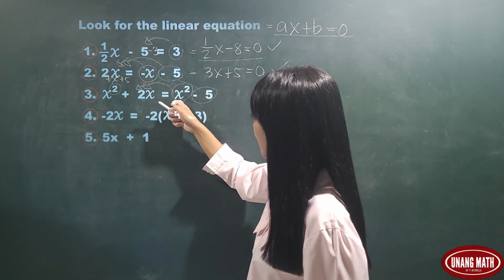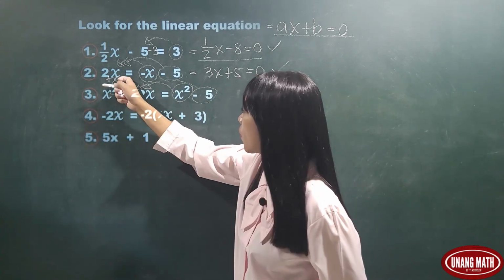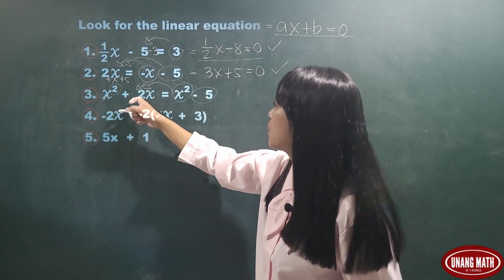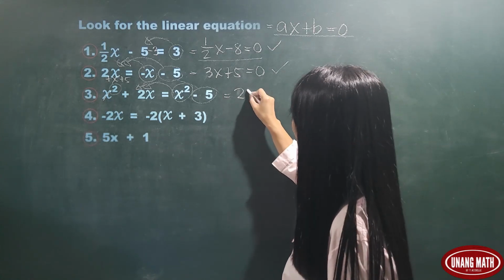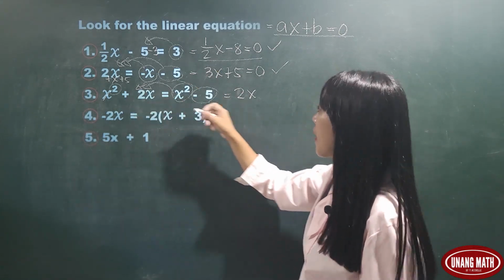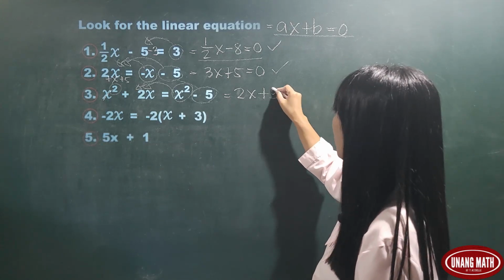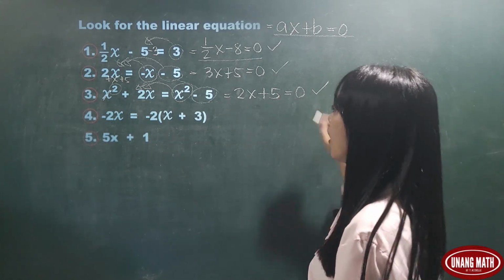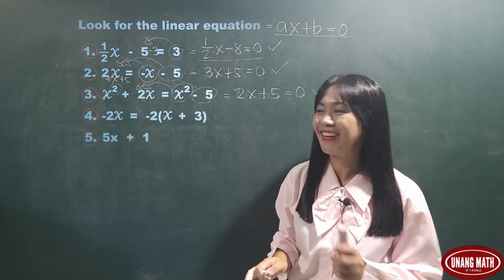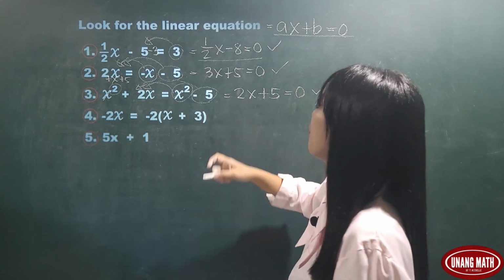So this is positive x squared. So x squared minus x squared, this will be cancelled. So we just have 2x. This is negative 5, so when we move to the left side, it becomes positive 5. So plus 5 equals 0. So number 3 is also a linear equation. Let's move on to number 4.